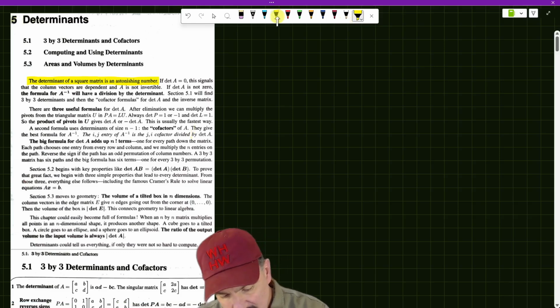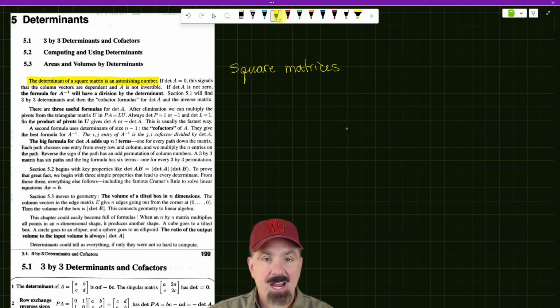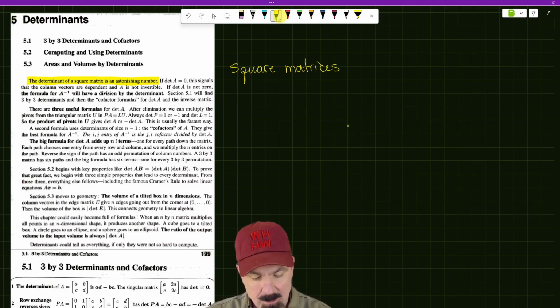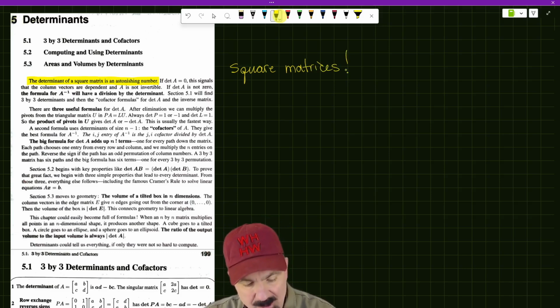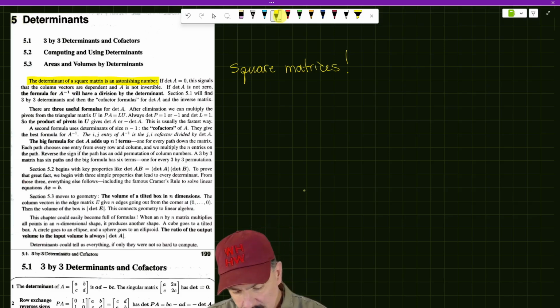One thing that's really important that you understand is we're talking about square matrices. So a determinant is not defined when a matrix is rectangular. So everything that is in Chapter 5 has to do with square matrices.